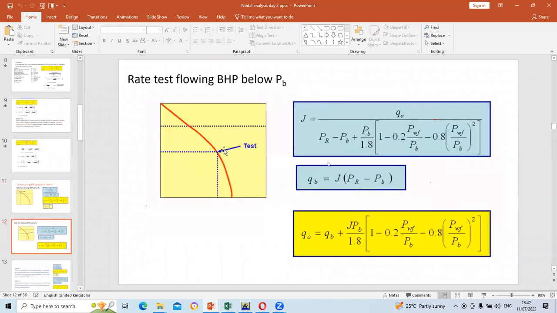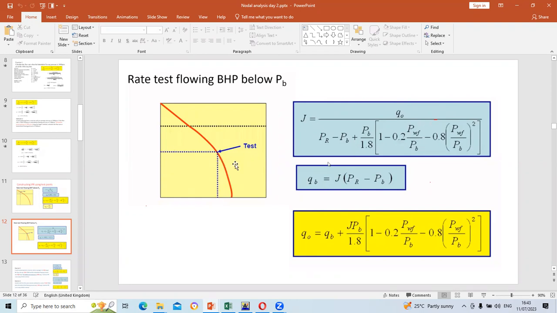If the test point is below our bubble point, you use this formula to calculate J. Remember, in calculating J, you are using your PWF and your Q zero, which are the values at the test point.